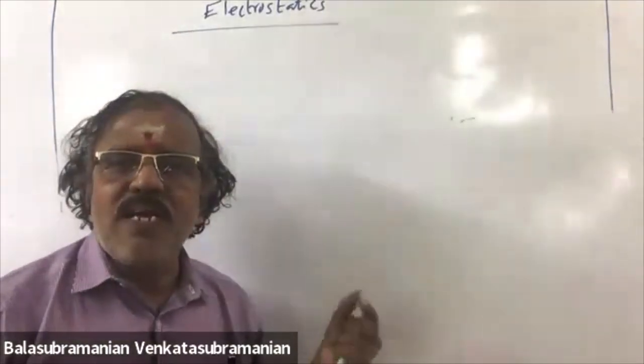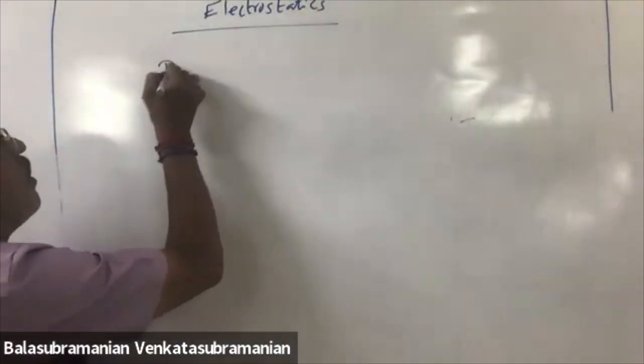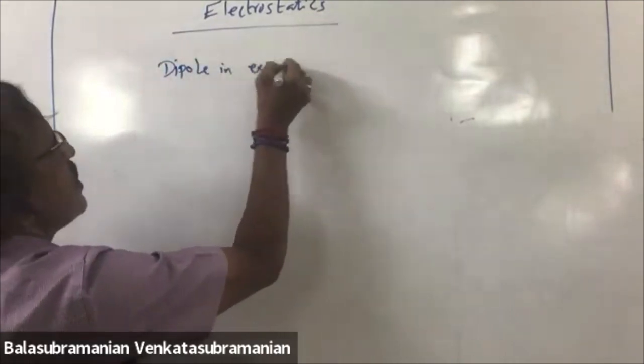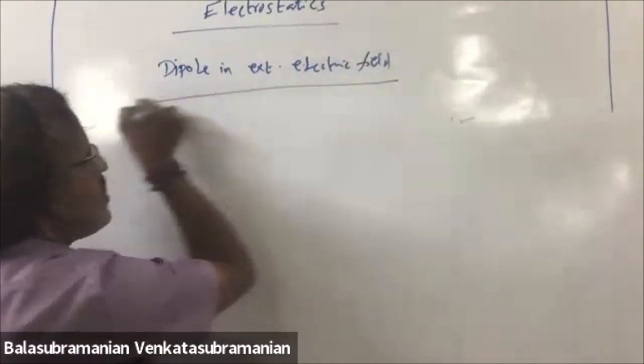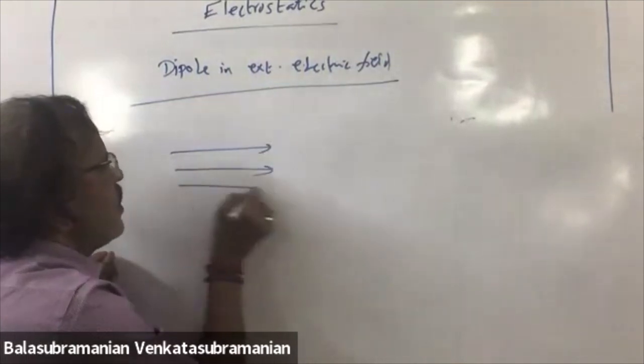Electric dipole in external electric field. Place the dipole in an external electric field. What is happening? You observe that this is a uniform electric field.